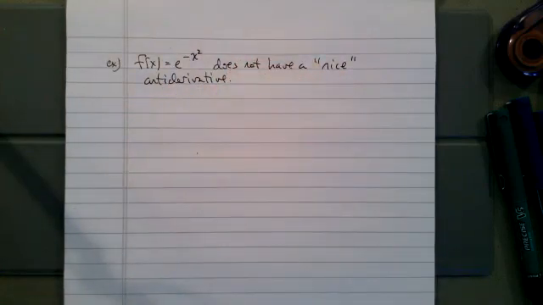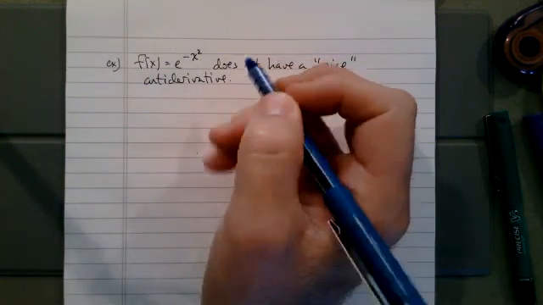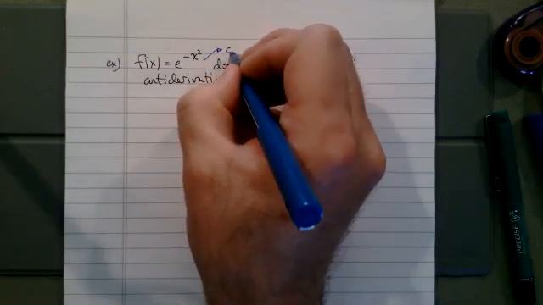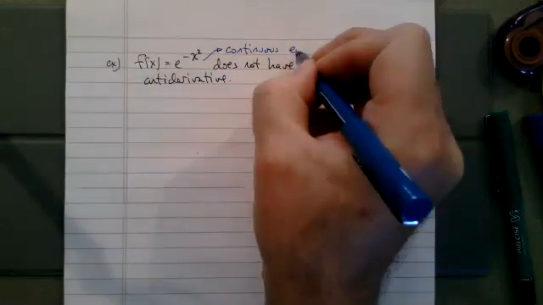But if we need to describe the antiderivative, we can construct an antiderivative with a definite integral. So first, we'll notice that e to the minus x squared is continuous for all real numbers. So we say continuous everywhere.